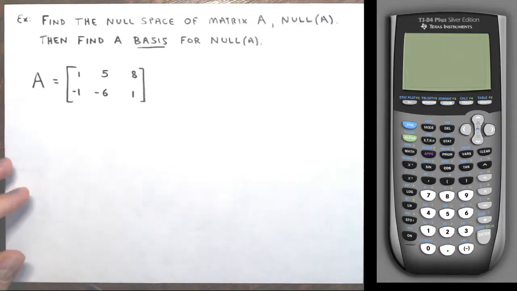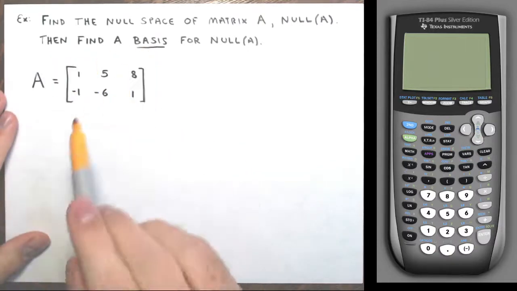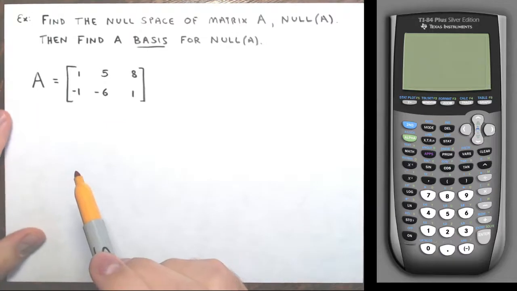Remember what we're doing. If you watched my last video on finding the null space, this is kind of a repeat of that. The only thing that's being added is finding this basis, and it's not that much more.